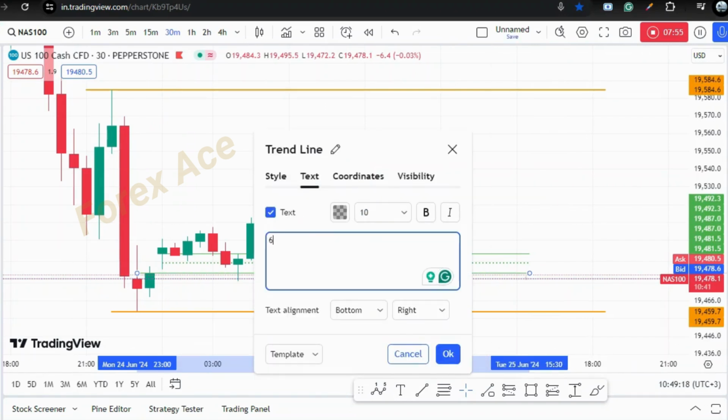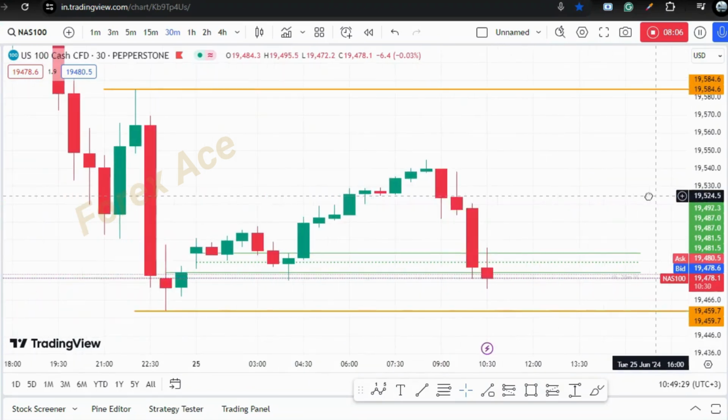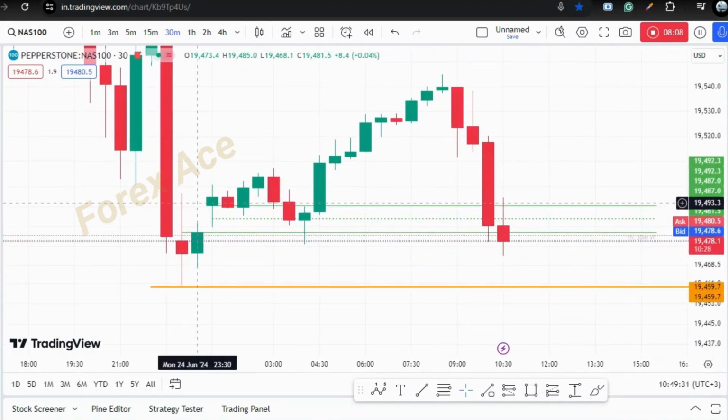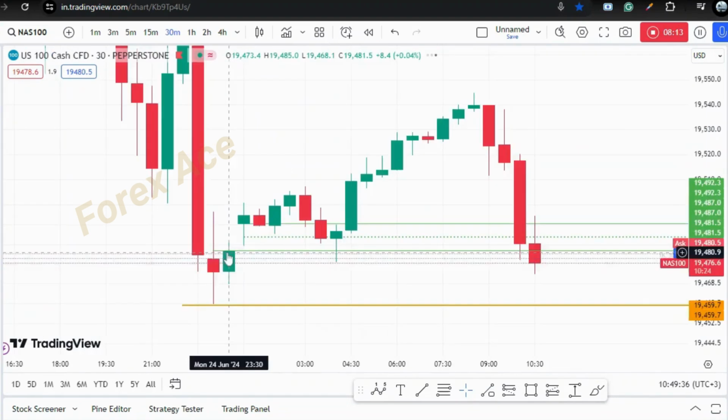It's a 1 hour. It's in the 1 hour as well. 30 minutes volume imbalance. Let me talk about the volume imbalance quickly. You identify a volume imbalance by, can you see the candlestick?